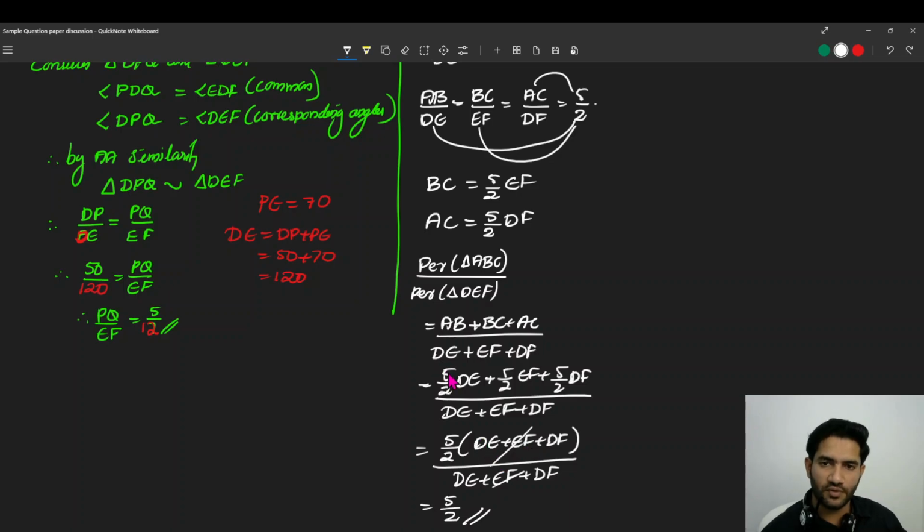You can use this answer for MCQ questions. That means if sides are in the same ratio, their perimeters are also in the same ratio.